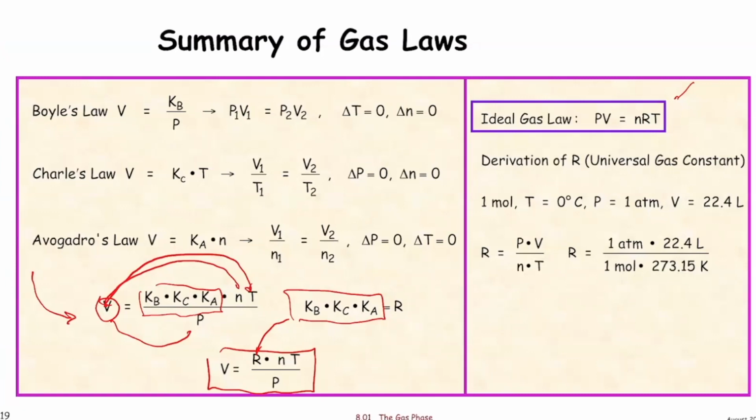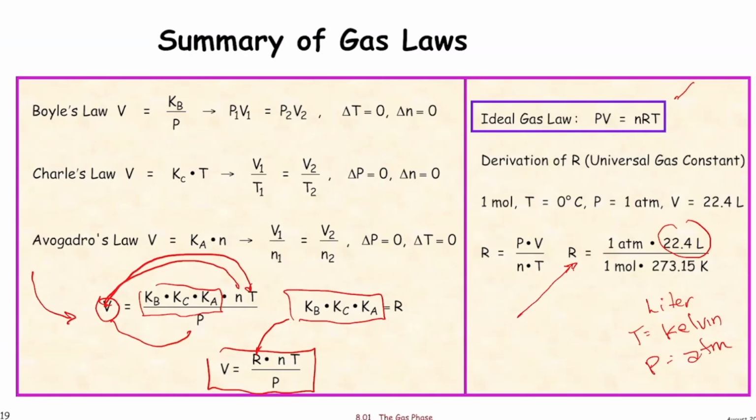Anyway, when you're using PV equals nRT, you've got to make sure that your volume is in liters. Your temperature should always be in Kelvin. Your pressure should be in atmospheres, ATM is the abbreviation.